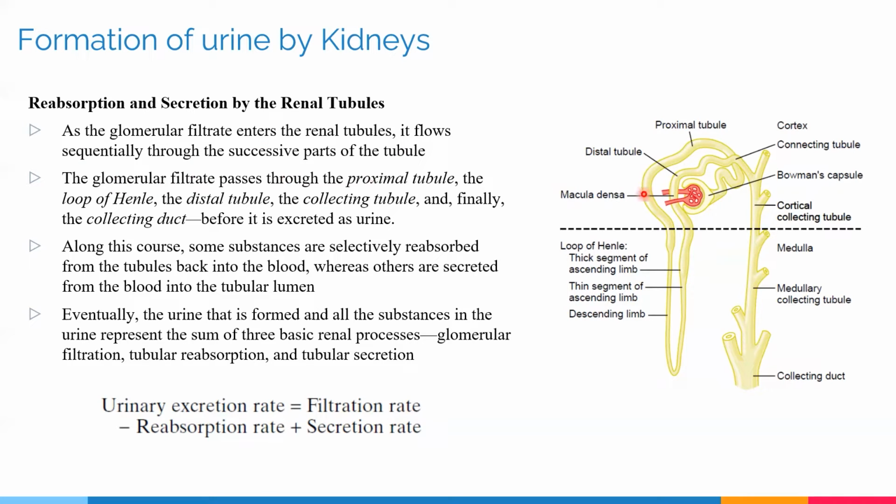As we have already seen, blood while passing through the glomerular capillaries is filtered into the Bowman's capsule and forms the glomerular filtrate, which then passes into the whole structure of the nephron known as the renal tubules.